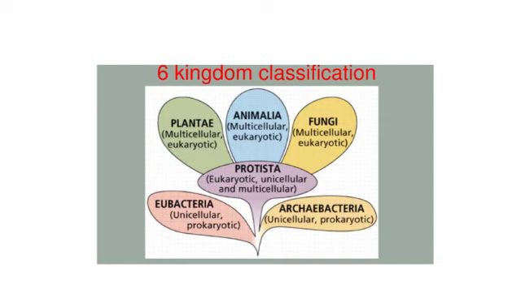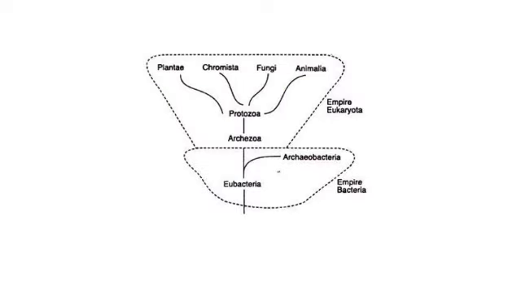These are also based on the cell type and the level of organization, whether it is unicellular or multicellular, or prokaryotic or eukaryotic. The last classification is the 8 kingdom classification, proposed by the scientist Cavalier-Smith.